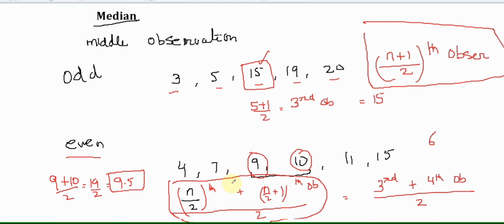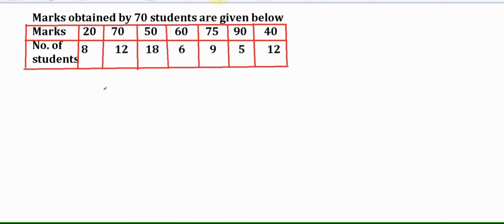Now based on these two formulas, let us solve two more questions. Now I am taking this question. Marks obtained by 70 students are given below. You need to find out the median of this data. First thing, we will arrange this data in order. Here you can see that 20 is given as marks, and then 50 and 70. First we need to arrange them in order, so let us make a table.